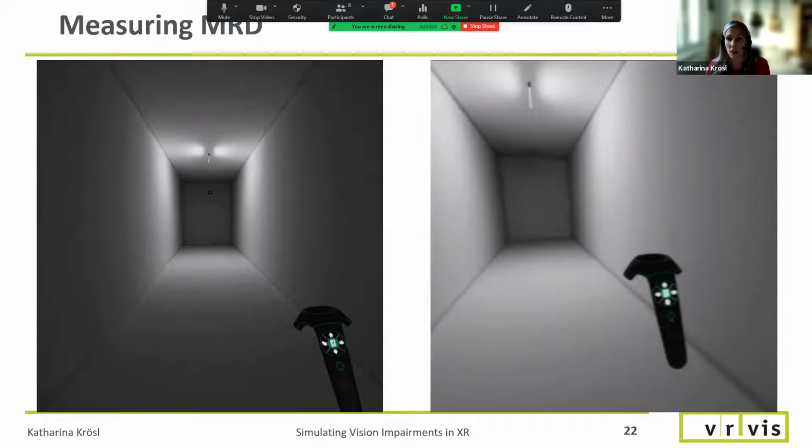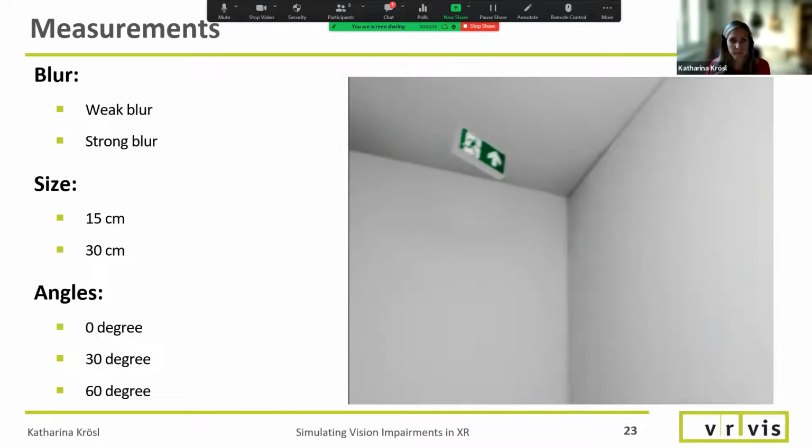And this is how we measured the maximum distance at which a person was able to recognize such a sign. And we took measurements for different conditions, so different sizes of the signs, as well as different viewing angles.